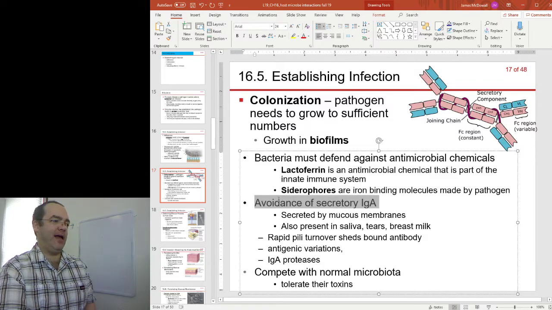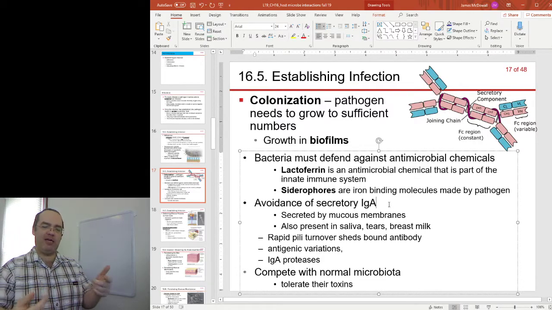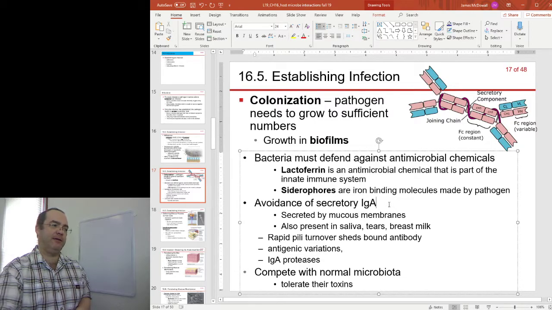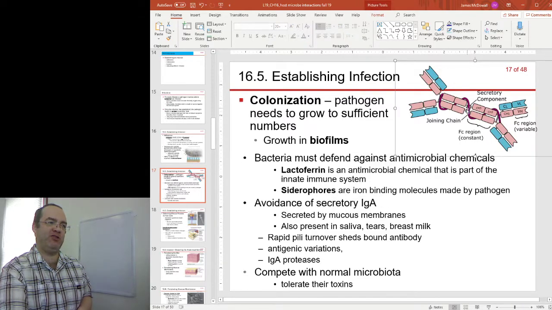Let's imagine a bacteria has gotten into our body, into our digestive tract, or into our respiratory tract, or maybe into our urogenital tract. It's going to come into contact with mucous membranes, and one of the most significant defenses that mucous membranes have is secretory IgA, and that's this picture up here.